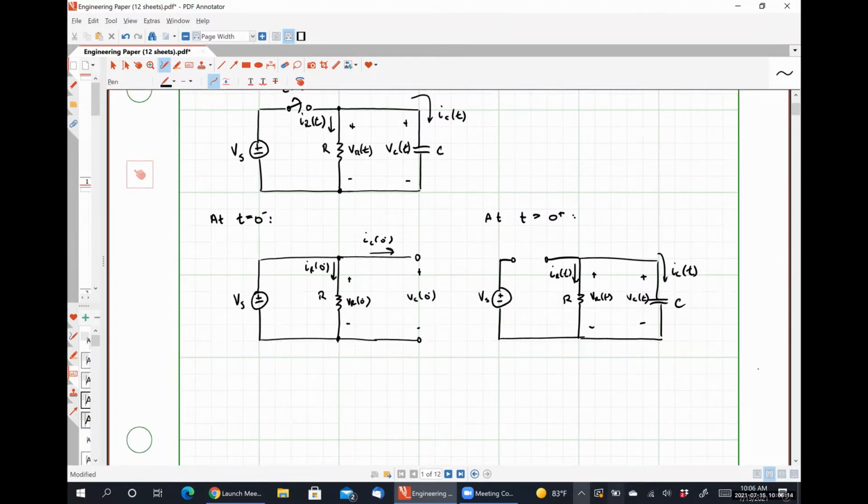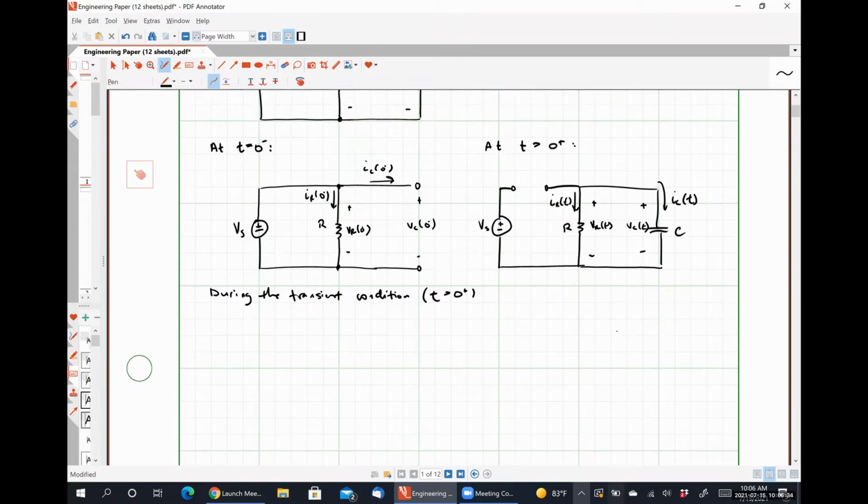So during the transient condition, which means t greater than 0 plus, we can write a Kirchhoff's current law equation that says IR of t plus IC of t is equal to 0, because we know that Kirchhoff's current law has to be satisfied for all points in time. Otherwise, our circuit is violating the law of conservation of charge.